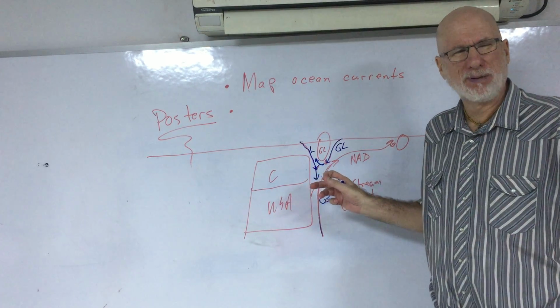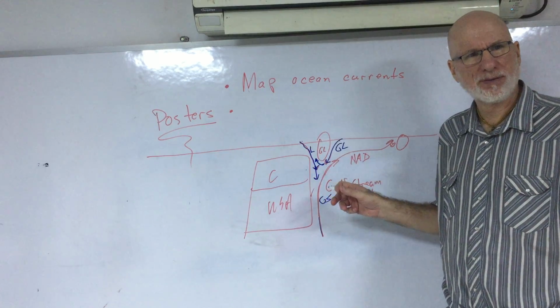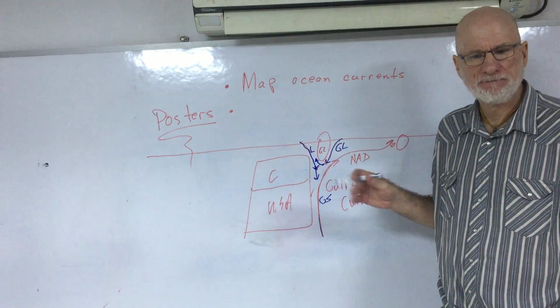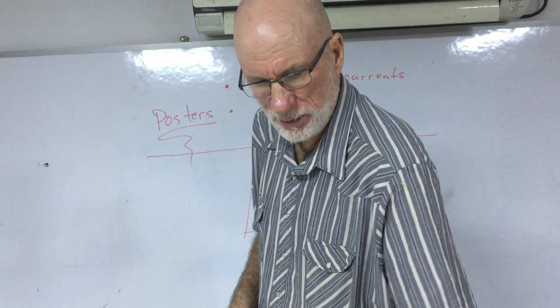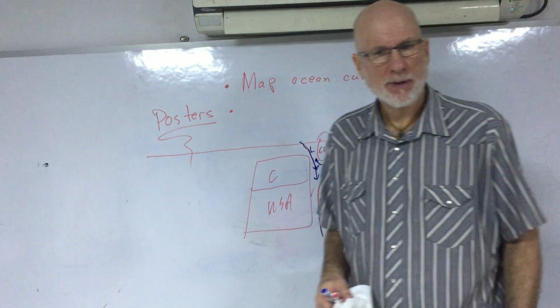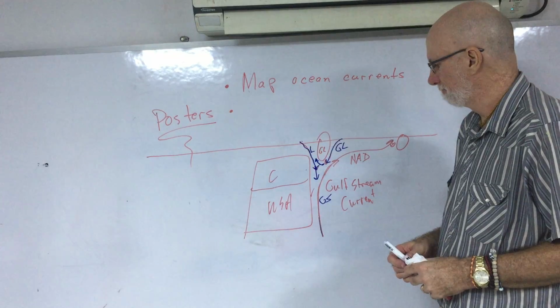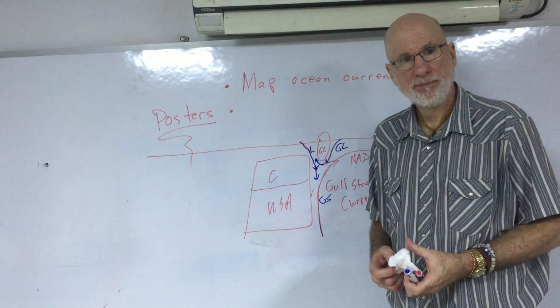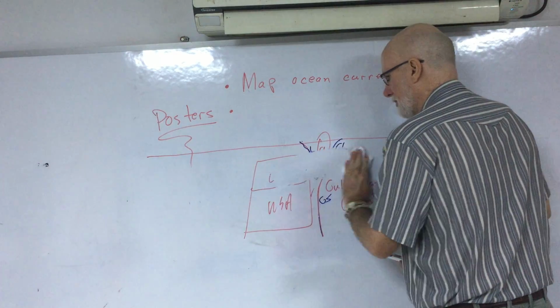So it was probably the Labrador current brought the iceberg down from the north. Probably, but who knows. So those currents will transport icebergs.